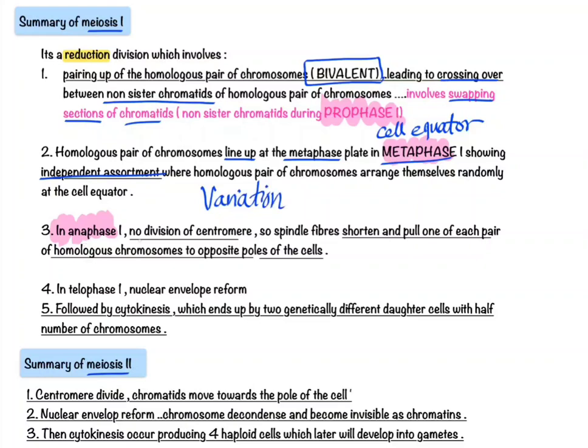In anaphase I, no division of the centromere, that's the difference. So the spindle fibers are going to shorten and pull one of each pair of homologous chromosomes to opposite poles of the cell. In telophase I, the nuclear envelope reforms, followed by cytokinesis, which ends up with 2 genetically different daughter cells with half the number of chromosomes.